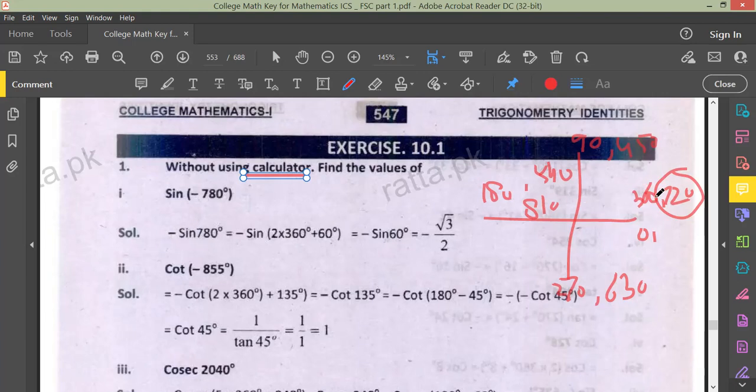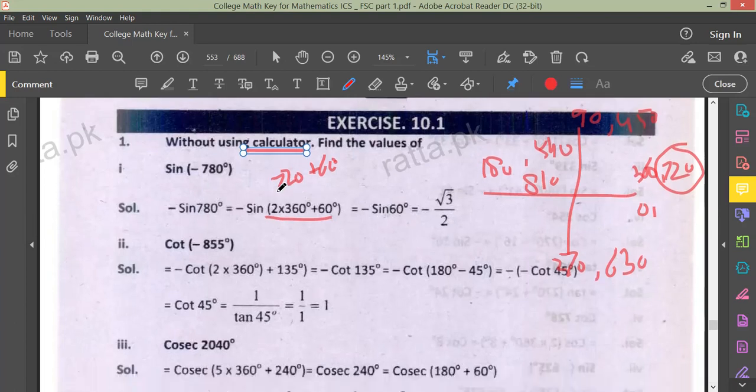You can write it as 720 plus 60, and you can write 720 as 2 multiplied by 360. By coterminal angle, this will be equal to minus sine of 60. After putting the value, this will be equal to minus square root 3 over 2.